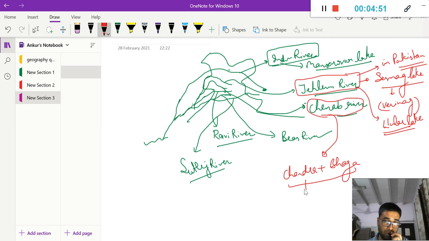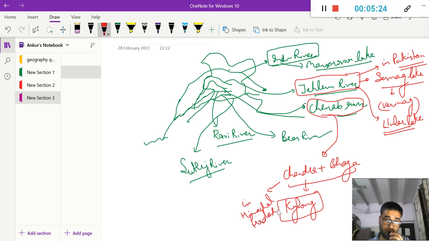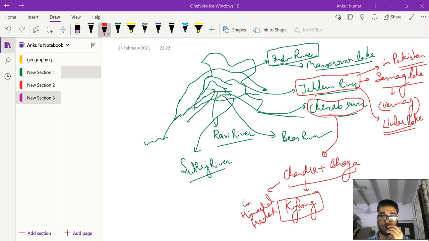And these 2 rivers meet at Tandi in Keylong, you can remember this place, Keylong. These two streams, Chandra and Bhaga, originate in Himachal Pradesh. So this is Chandra, Bhaga and Chenab River.